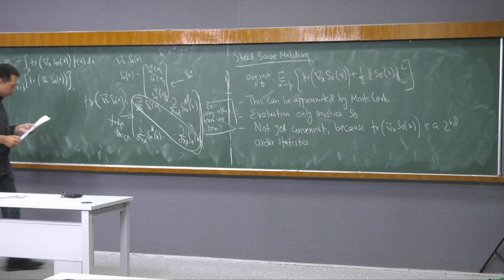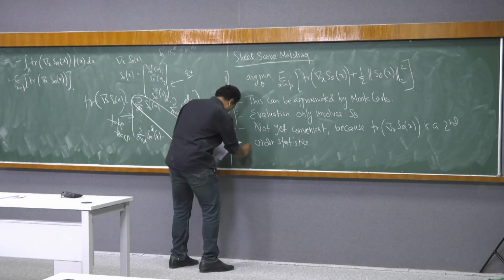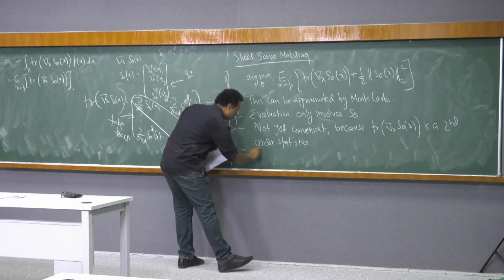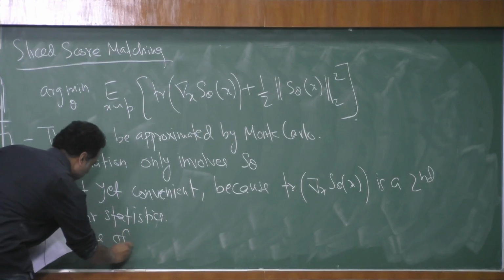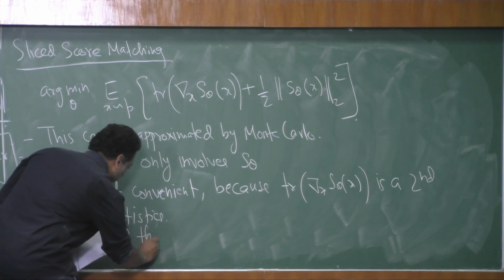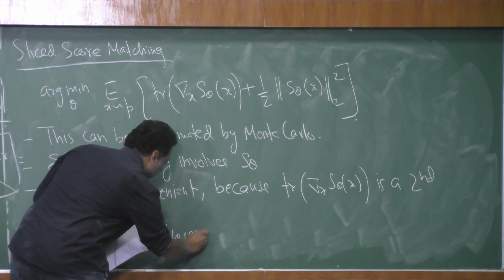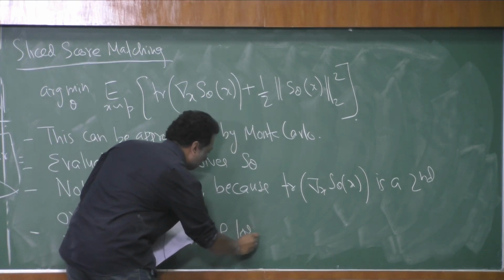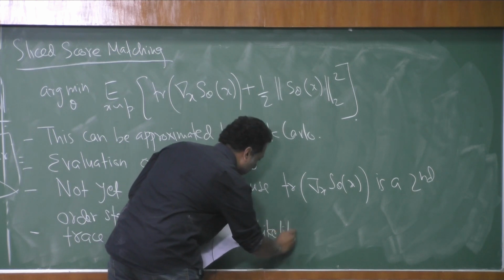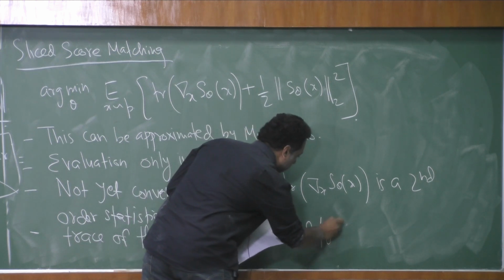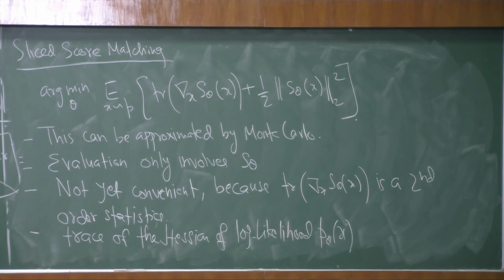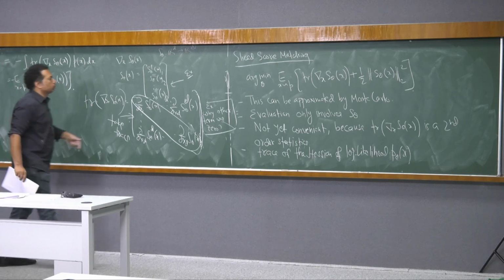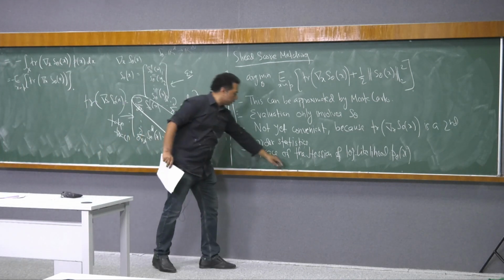right? It's worth noting all these points. So it is the trace of the Hessian of the log likelihood log p theta x. This paper, sliced score matching, went ahead to give a cheaper way to compute this.